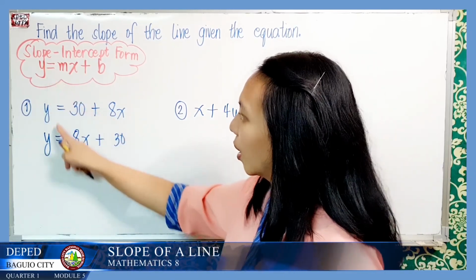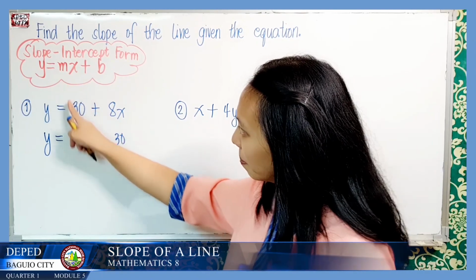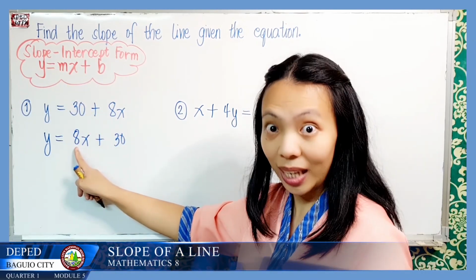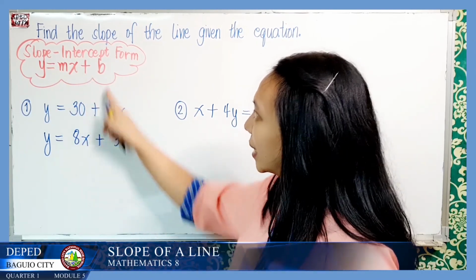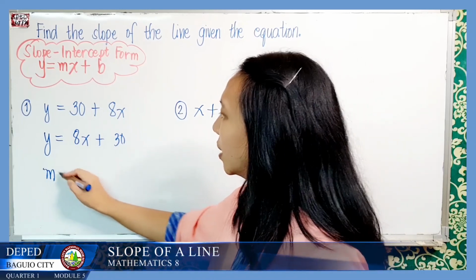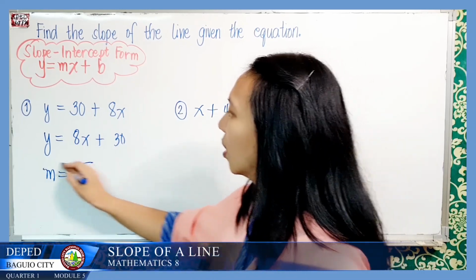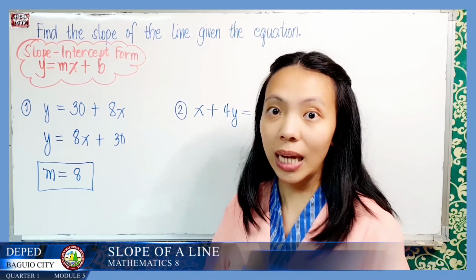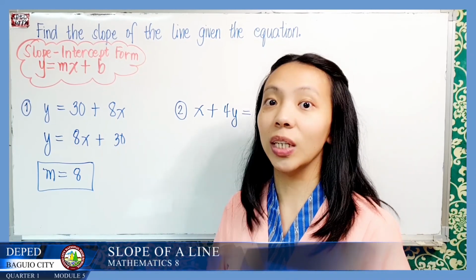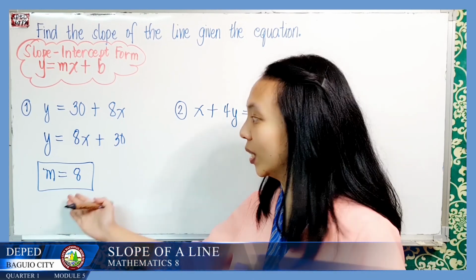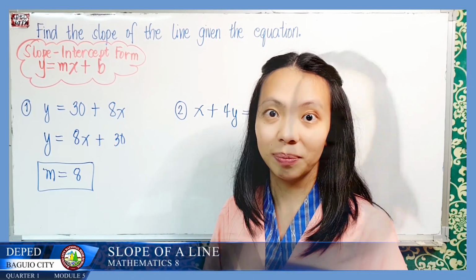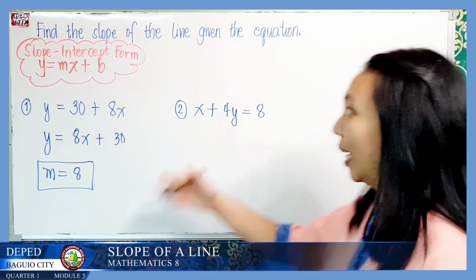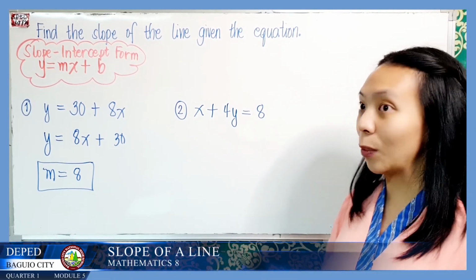Y equals mx plus b, where m is 8. In other words, the slope of the line here is equal to 8. And if we are going to draw the line, it should be a line that rises to the right since the slope is positive.